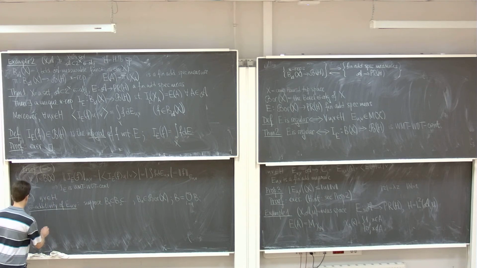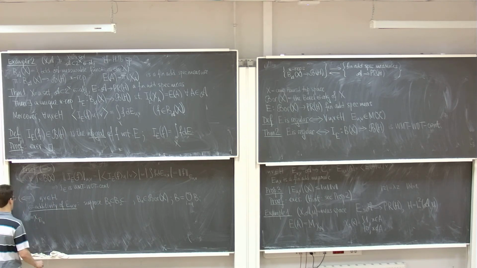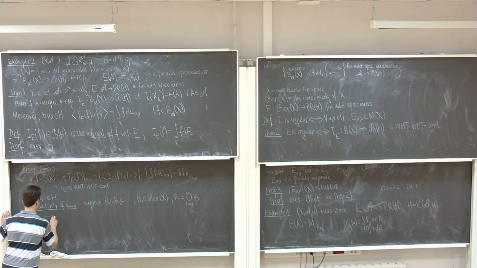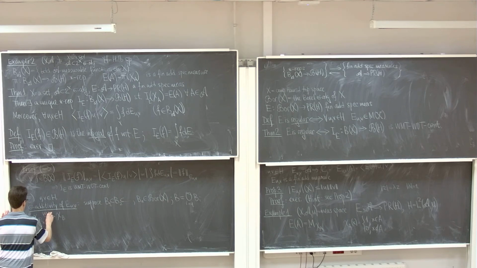It's easy to see that if you take the characteristic functions of these sets, then they converge to the characteristic function of B with respect to the weak measure topology. This readily follows from the Lebesgue dominated convergence theorem.